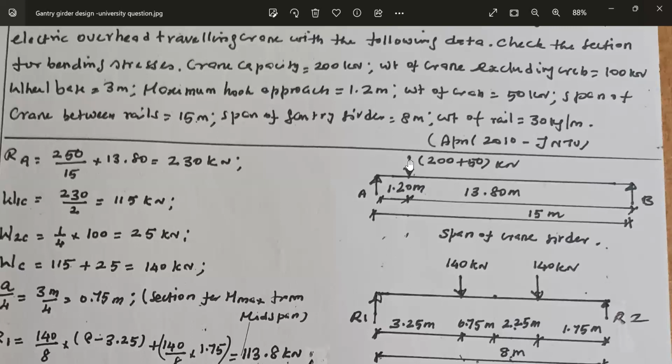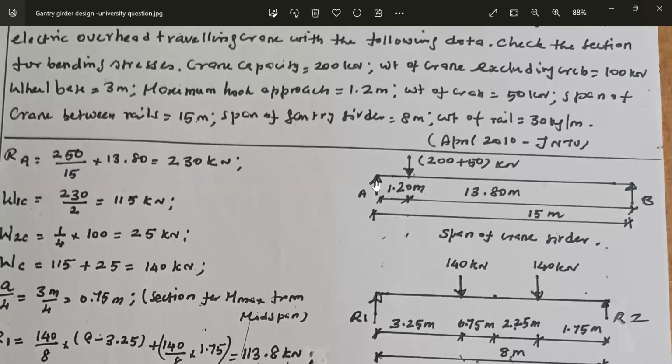So place the load as close to the column as possible and calculate the value of RA. 250 load divided by span 15 meter into distance from another support. 1.2 meter is the distance from A. This distance is 15 minus 1.2. Load by span into distance from another support is equal to RA, 230 kilonewton.